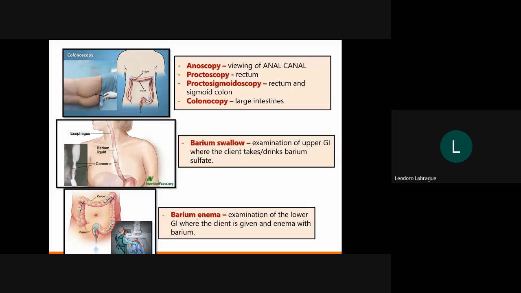Instead, the barium sulfate is given through enema, meaning it will be introduced through the rectum. The same process follows, the patients will be brought to X-ray, and in the X-ray, the doctor will actually see the structure of the large intestine and the rectum. Why? Because the barium enema is very visible through X-ray.